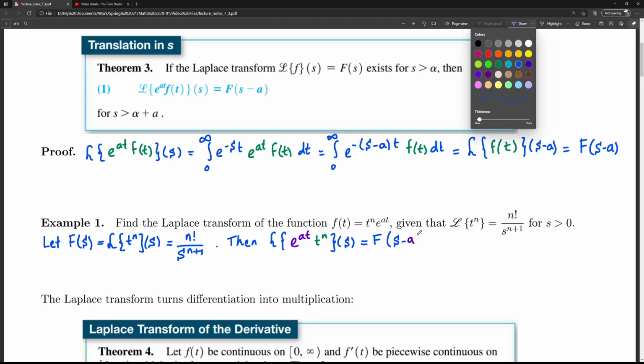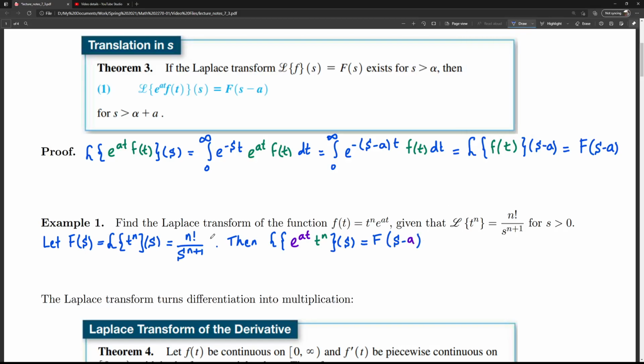So what that means is that instead of plugging in s, we're going to plug in s minus a in this function here. And so that is equal to n factorial over s minus a to the power n plus 1.